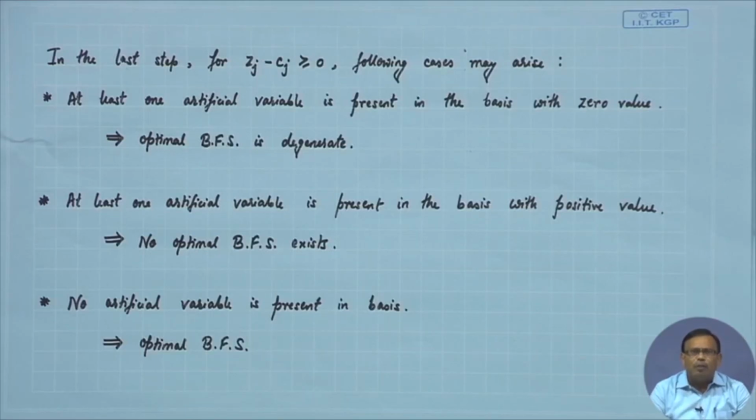Now, what is the meaning of degenerate? I will discuss the degeneracy case afterwards. Degenerate means there may be redundant constraints, that is, some constraint is there in your problem which is not required, which is covered by some other constraints, or in some other cases a basic variable value is 0.